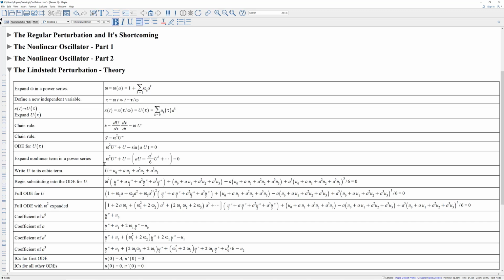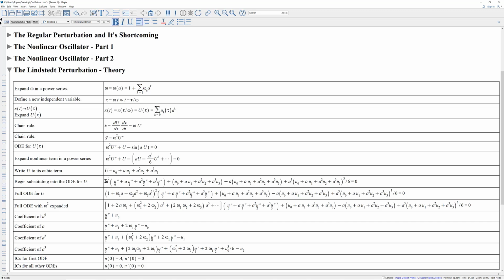There's your omega squared, u double prime. We take u to third order double prime. This is plus u minus au plus a cubed u cubed over 6.